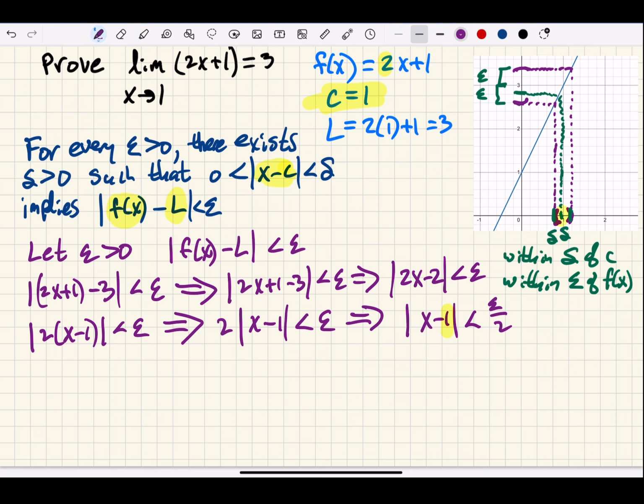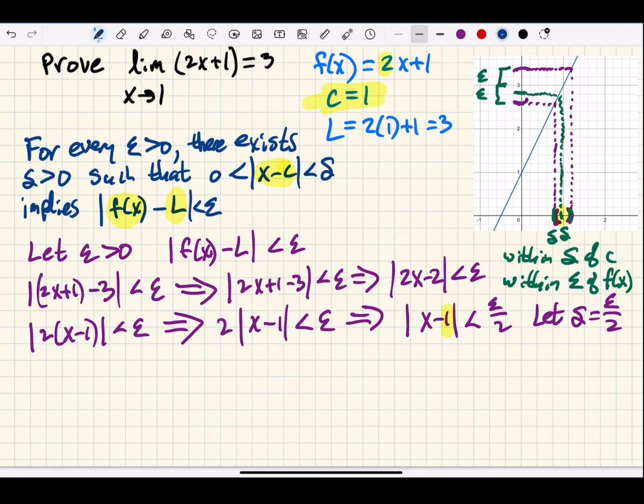So, to finish this, what we should say is to let delta, our interval down here on the x-axis, be equal to half of our interval up on the y-axis. And how we say this is that we have found a delta that works. Okay, what does that mean?